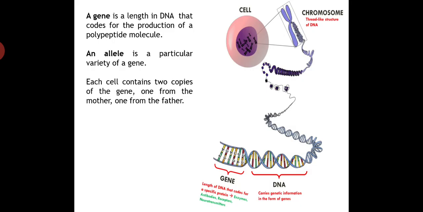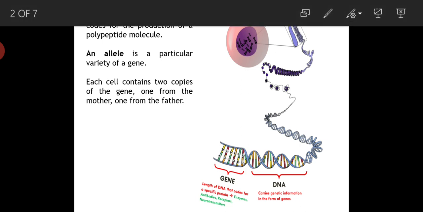As we already know, inside our cells there is genetic material made up of chromosomes. These chromosomes are very important because they contain inherited information.